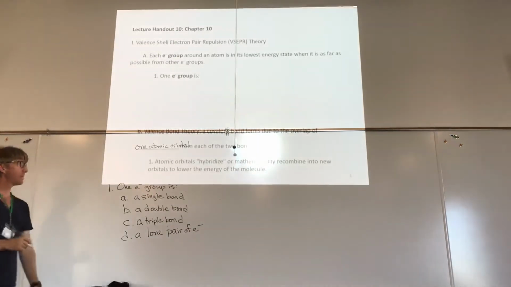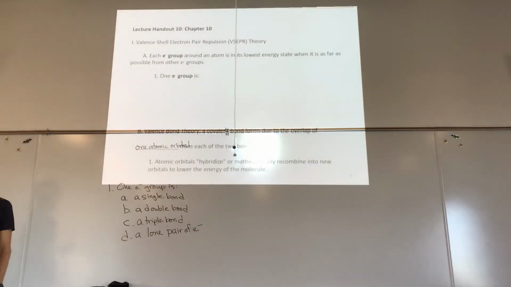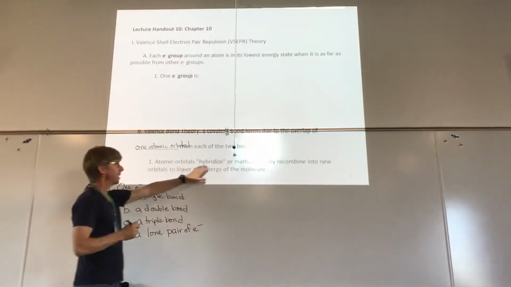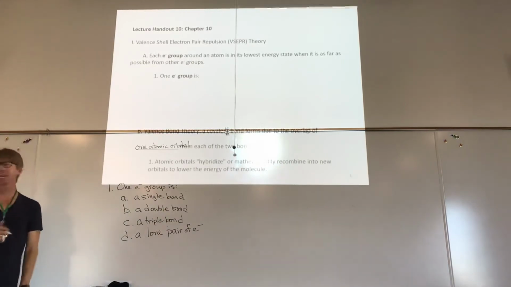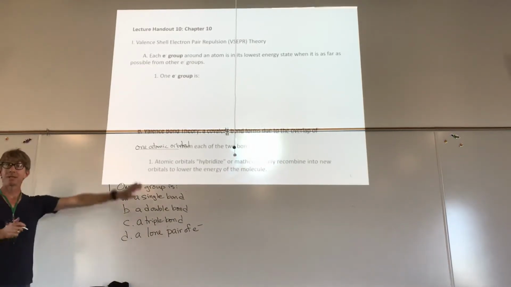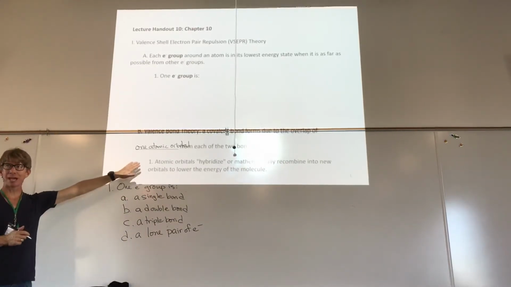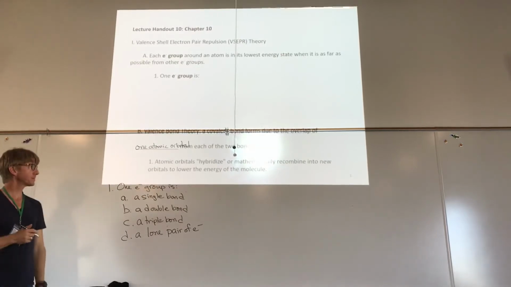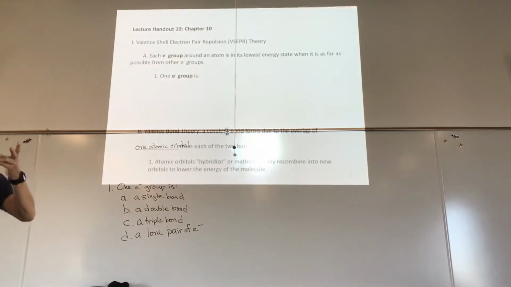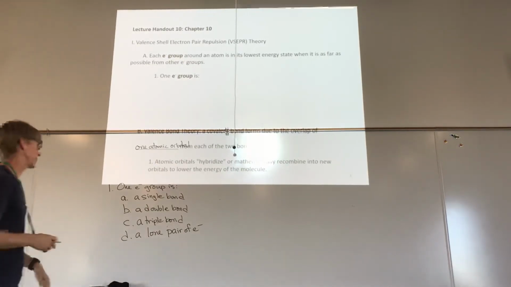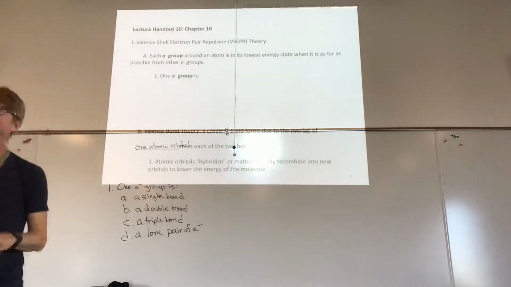Atomic orbitals hybridize. What does hybridize mean? That's a rhetorical question. They mathematically recombine into new orbitals to lower the energy of the molecule. Don't worry, I will show you exactly what I mean by that. These are the 2 bonding theories in chapter 10. We're going to develop them together, instead of developing them separately. Good?